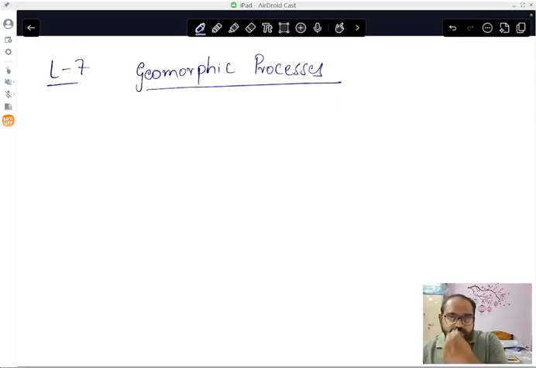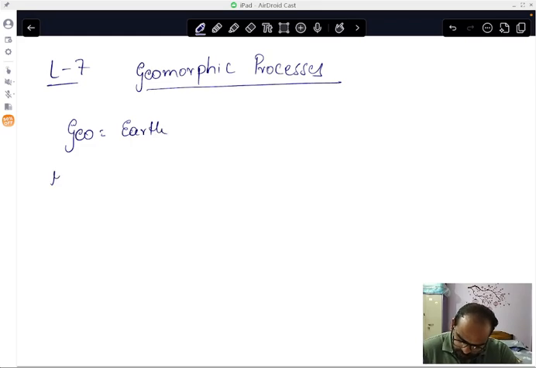Today we are going to discuss geomorphic processes. So, what is a geomorphic process? Geo means earth, morphic means physical change.